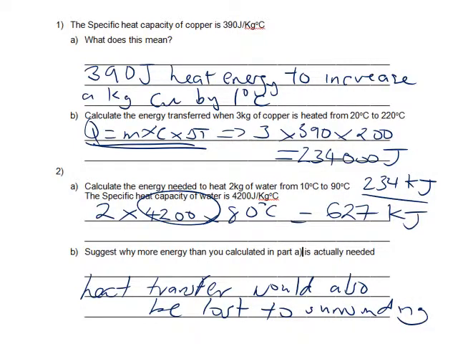Okay, because you're not just heating the water, you're probably going to be heating the container it's in. You're going to be heating the air molecules that are around the container. So a bit of heat would be lost to the surroundings, so you have to use a little bit more than you would expect.